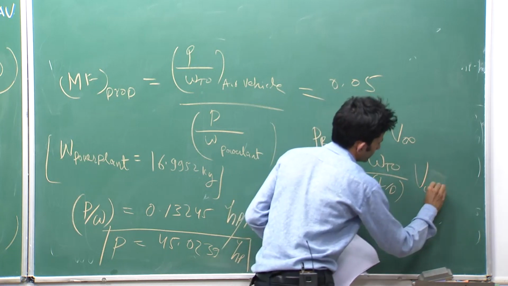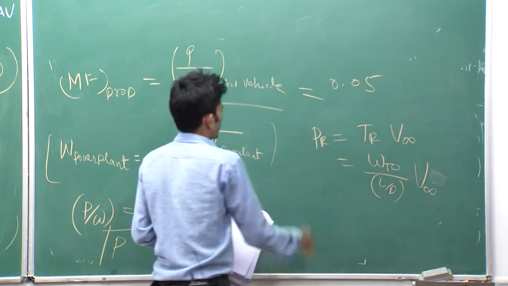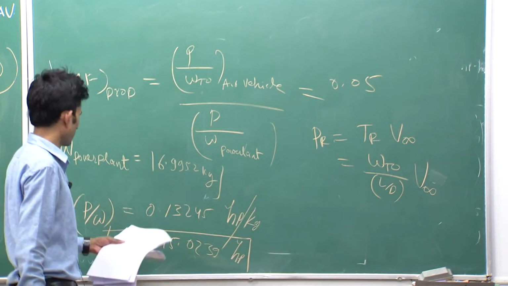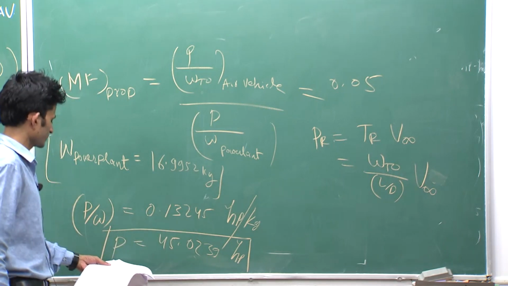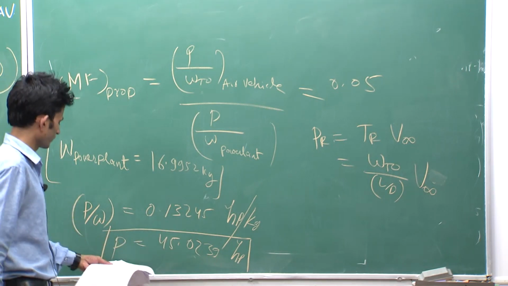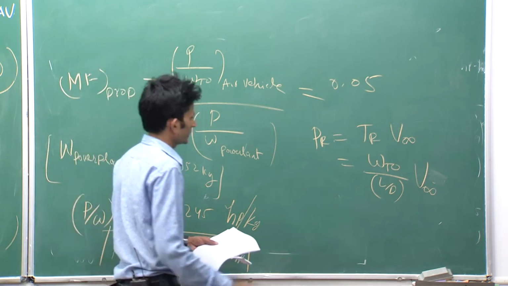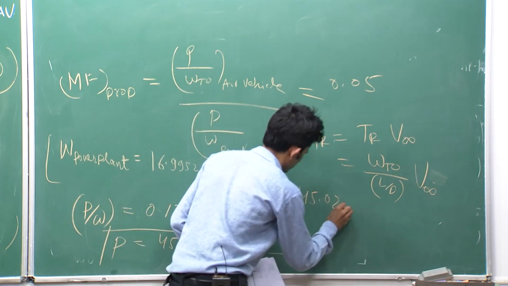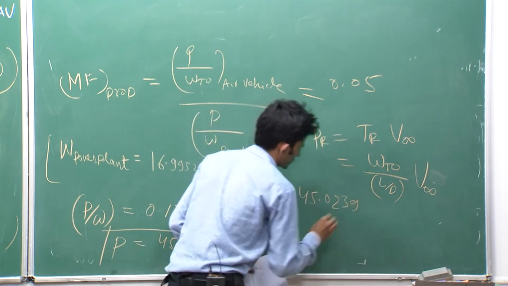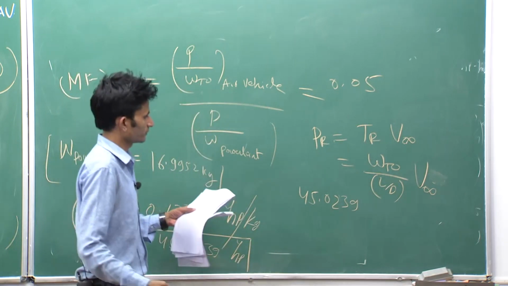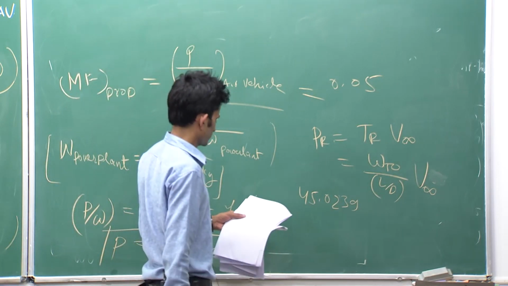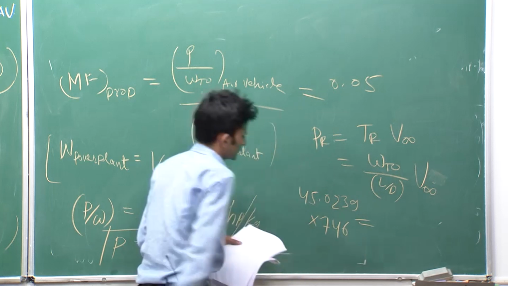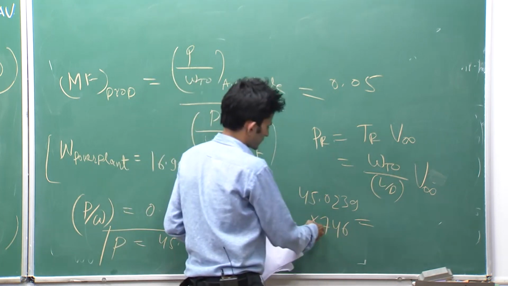If power required and power available are equal, it means you are flying with maximum power, here 45.0239 HP, which you have found. Multiply HP by the watt conversion to get the answer in watts.